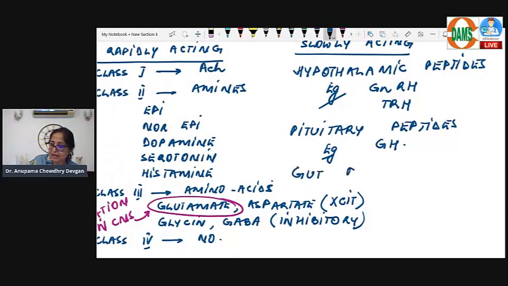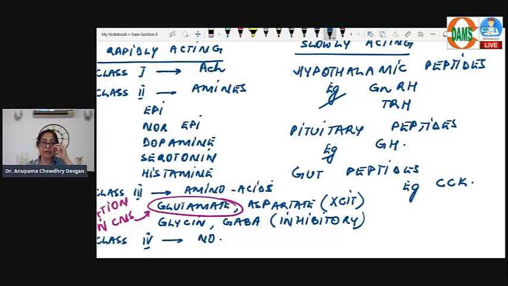Gut peptides can also act like neurotransmitters, for example CCK. Cholecystokinin is not just a hormone, it is also a neurotransmitter. So this is as far as your rapidly acting and slowly acting neurotransmitters.